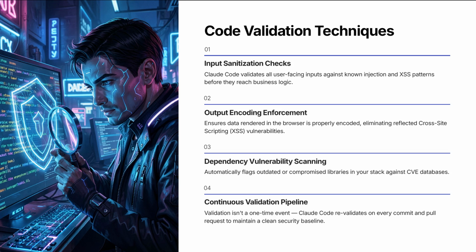Additionally, Claude Code includes a dependency vulnerability scanning feature that flags any outdated or compromised libraries in your stack by referencing CVE databases. Finally, the continuous validation pipeline ensures that security checks are performed with every commit and pull request, maintaining a robust security baseline throughout the development process.